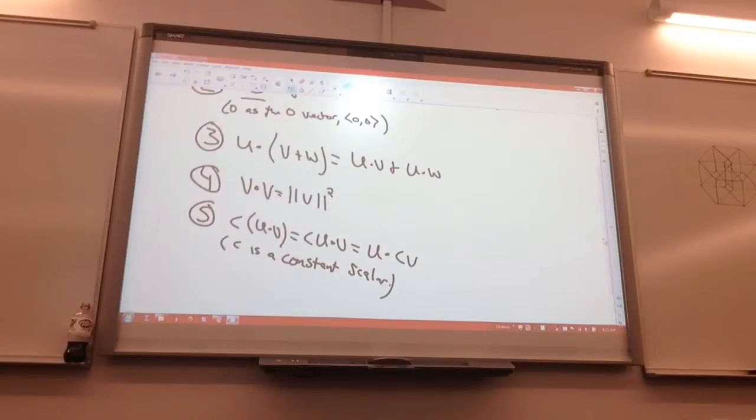But to be honest with you, a lot of times when you see the properties of something, it's more of just so you know what they are, so it can help you when you're doing the mechanical part of it. If you didn't know any of this, as long as you know what the dot product was, you should still be able to figure out all this, even without knowing the rules specifically. It's basically letting you know things you can do and things you can't do.